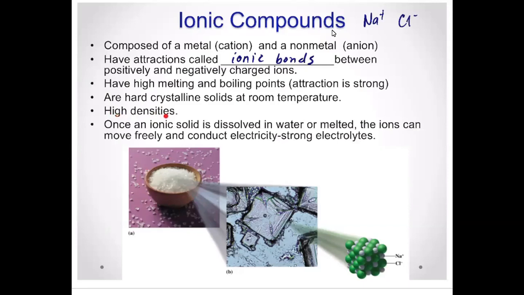They have high densities, meaning the atoms are tightly packed. And once an ionic solid is dissolved in water or melted, we can see that the ions are moving freely and they will conduct electricity. They will be electrolytes, strong electrolytes, in fact.